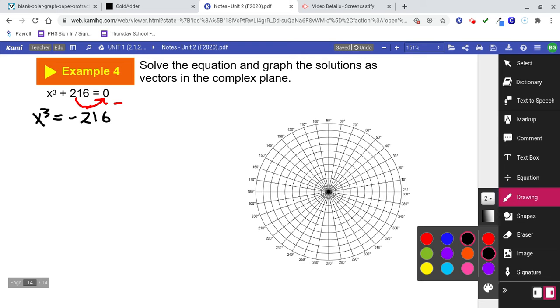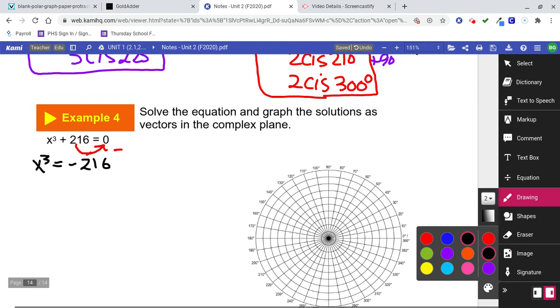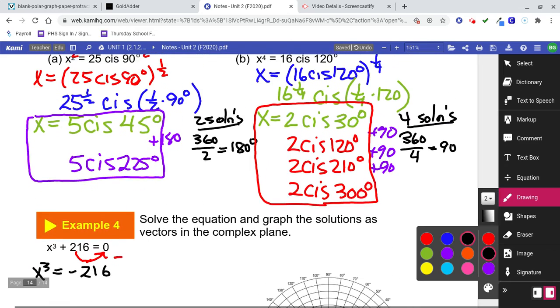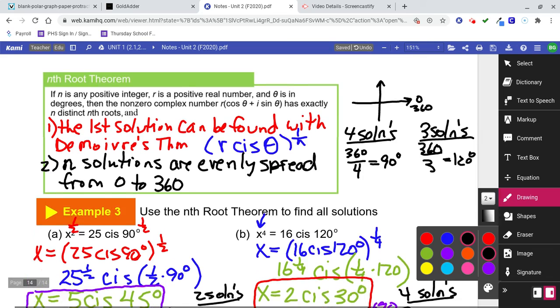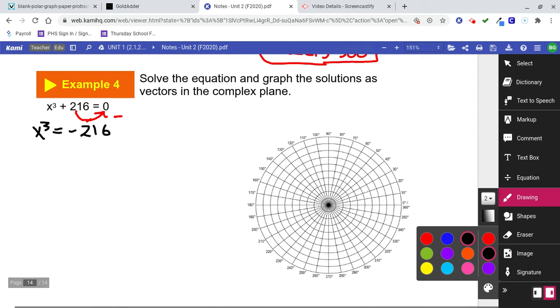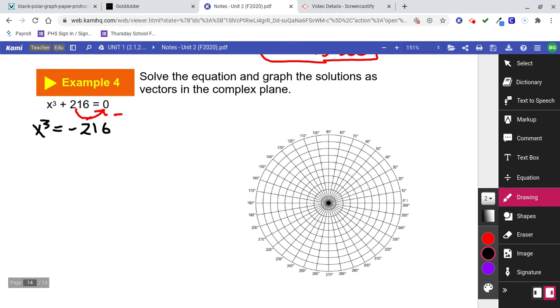We know there will be 3 solutions, but this one feels different than the last 2 questions because it doesn't appear to be in polar form. This lesson's really not that bad as long as we're in polar form. This is not polar form. In fact, it doesn't even look like it's a complex number, okay? Until you do this.